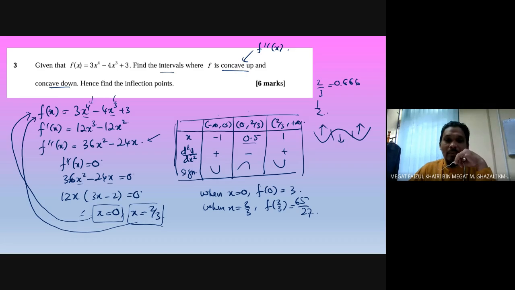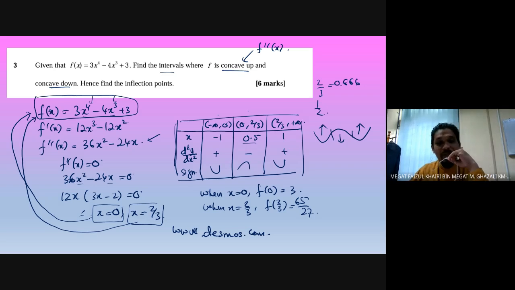Mostly I refer to desmos.com, www.desmos.com. On this website, you can enter the equation of this function of y, and it will straightaway give you the picture of the graph. Okay, you may try using it.